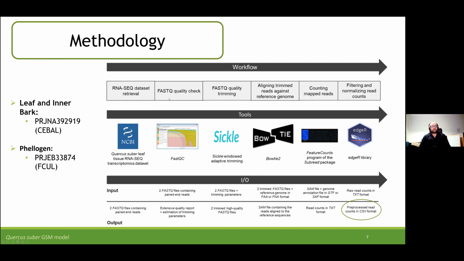After retrieving these data sets, we performed a quality check with FastQC. Then we used Trimmomatic for the quality trimming, and then Bowtie to perform the alignments against the reference genome. Then the featureCounts feature from the Subread package was used to perform the counting of the mapped reads. And finally, we used the edgeR library to normalize the read counts.